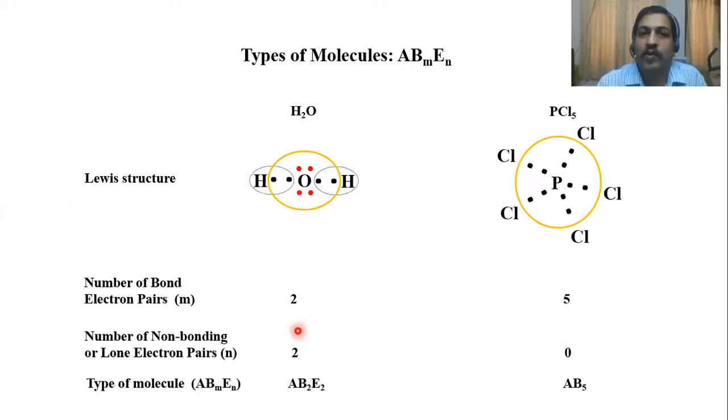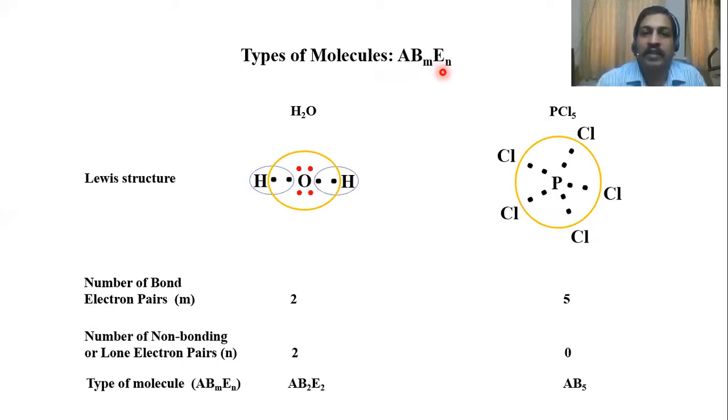Now simple covalent molecules can be represented by the formula AB_mE_n, where A is the central atom, B is a bond electron pair, m is the number of bond electron pairs around the central atom, E is a lone electron pair, and n is the number of lone electron pairs on the central atom.